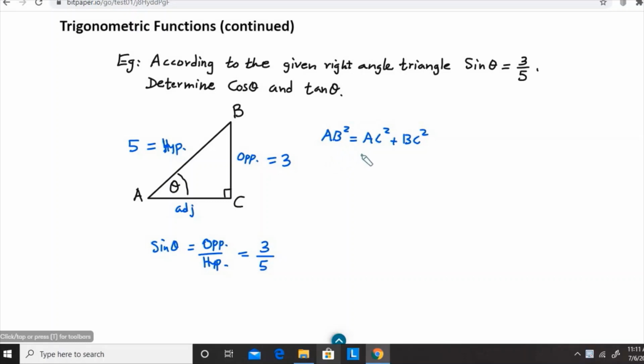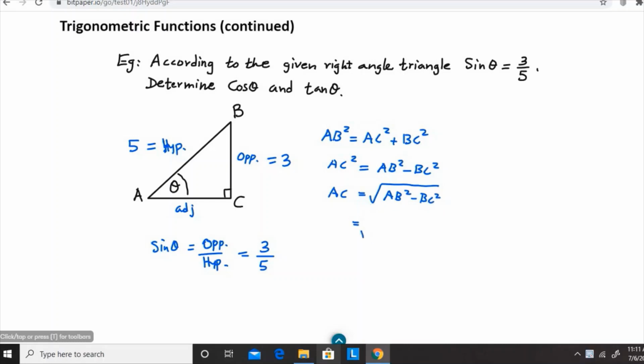Okay, so then what we need to do is we need to solve for AC. So I can rearrange this. AC squared equals AB squared minus BC squared. And AC is the square root of AB squared minus BC squared.